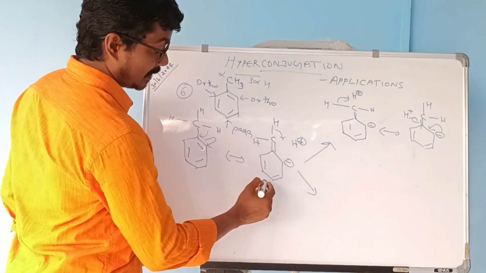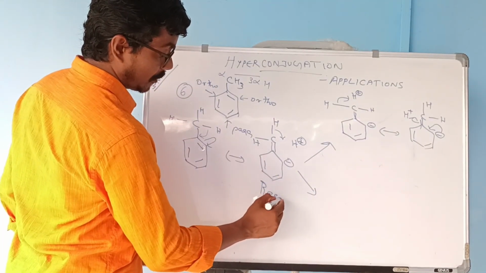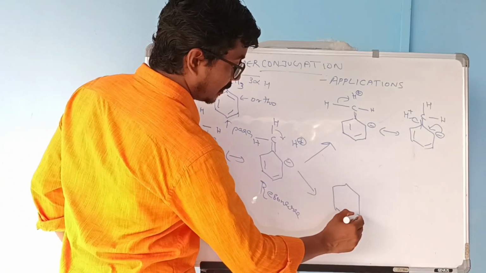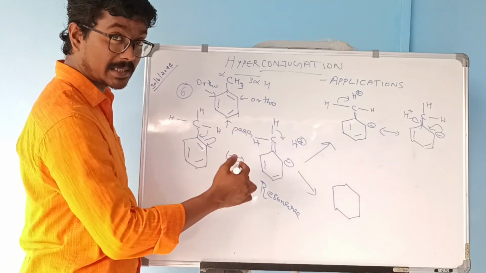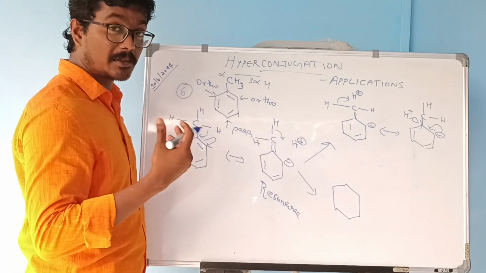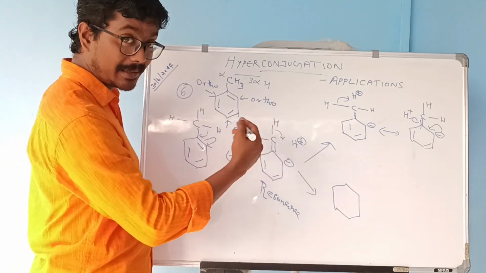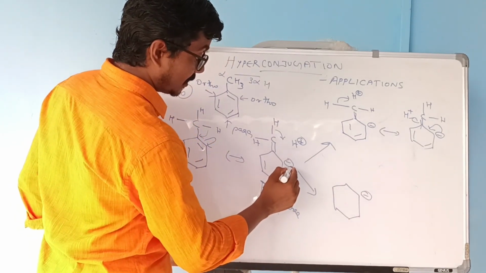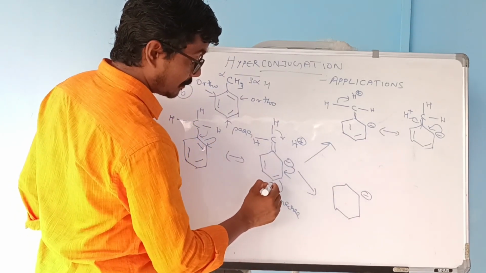Similarly, resonance is possible in the aromatic group. Due to hyperconjugation on this alkyl substituent, this negative charge will come here and this will come here.